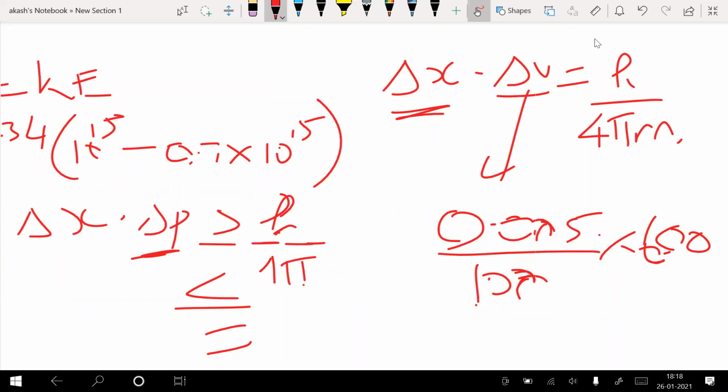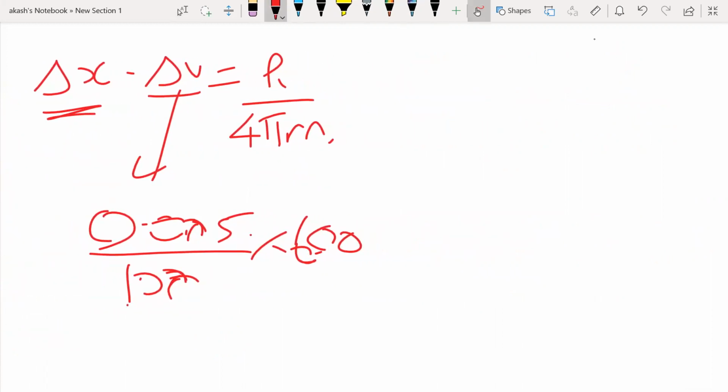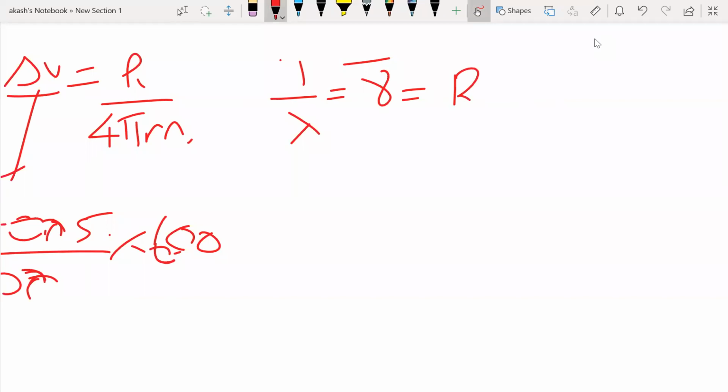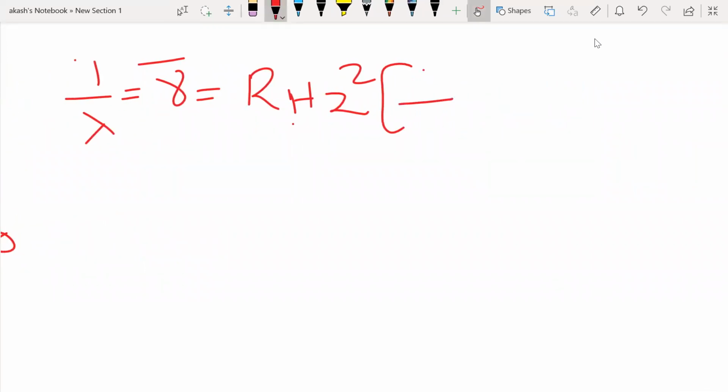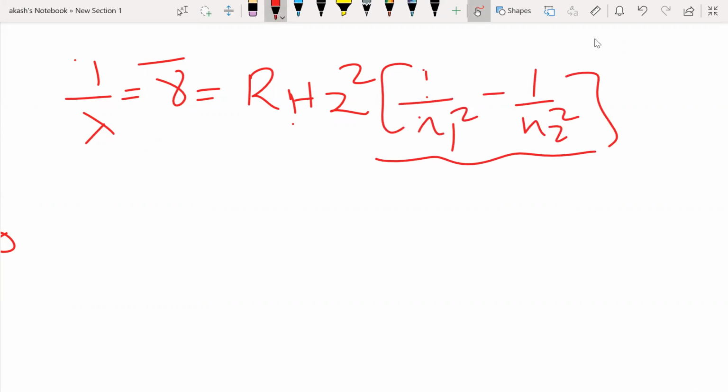Any answers, people? So nothing. So I have just this: 1 by lambda, which is your wave number, equal to RH Z squared into 1 by n1 squared minus 1 by n2 squared.